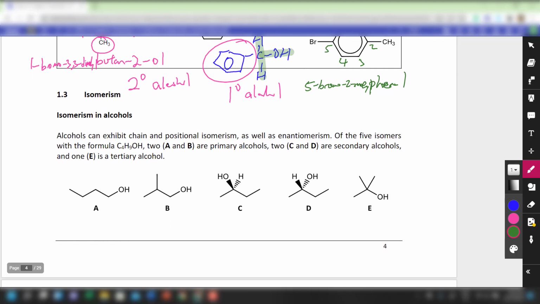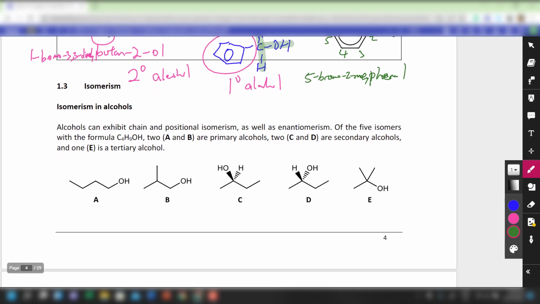Okay, then similar to halogen derivatives, alkanes, and even arenes, there exists isomerism in alcohols as well. So alcohols can have chain and position isomerism as well as enantiomerism.